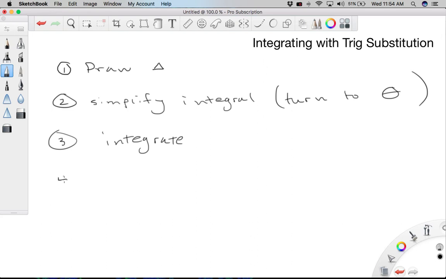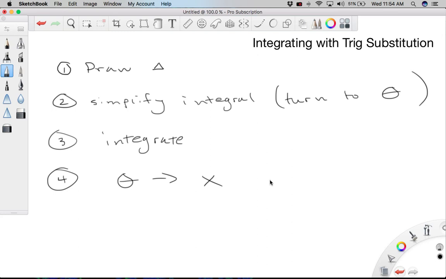And then 4, you want to turn your thetas back to x's. So this is basically the process that we're going to do every time that a trig substitution integral comes up.